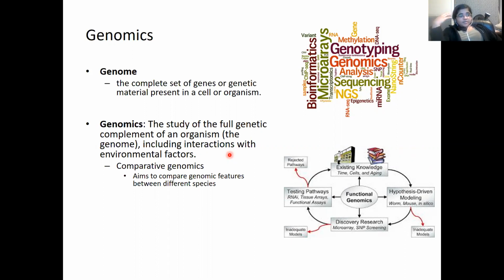This part of genomics aims to compare genomic features and differences between species. The next one would be structural genomics. Structural genomics involve the aim to determine the structure of every protein encoded by the genome.